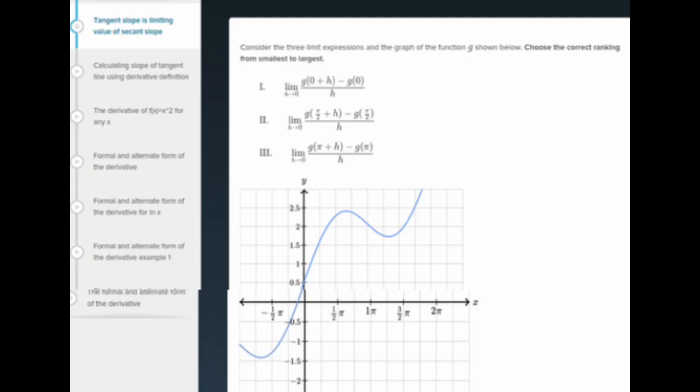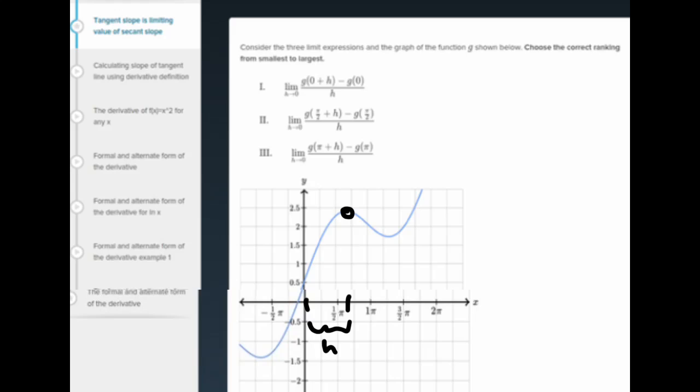What you're thinking of is an x value of 0 right here, and an x value that is h, and you're making h go closer and closer to 0. So like here you have g of 0, that's 0.5. And then you have some h value out here. You don't know what h is, but you're saying, make h go closer and closer to 0.